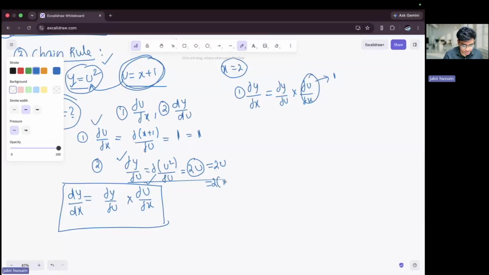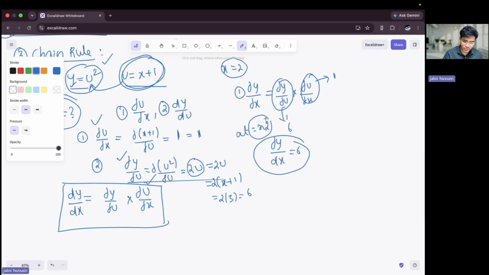If I write x is equal to 2, then it will be 2 into 3, which gives me 6. So dy by dx, the final answer, would be 6 at x is equal to 2. This is from the chain rule, right? At x equal to 2, I got this from the chain rule.